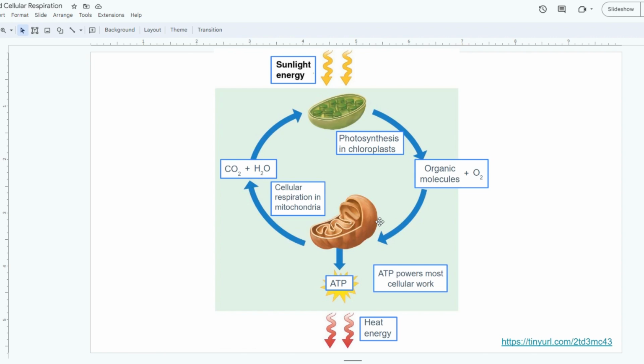We have sugar and oxygen coming in. What drives your body, what fuels your body for most of what your body does is sugar, glucose. That's the fuel.